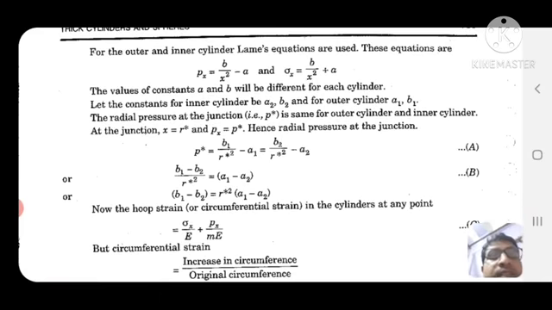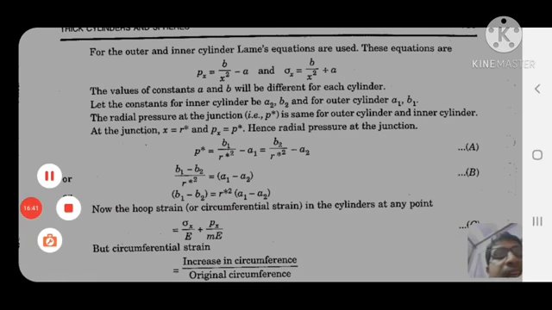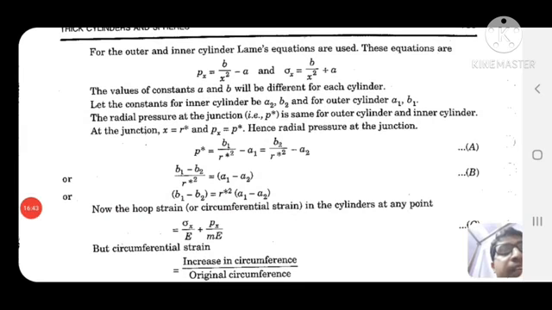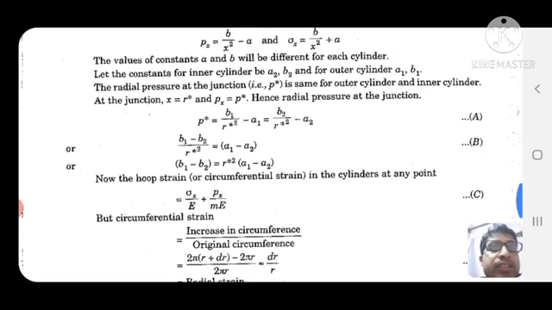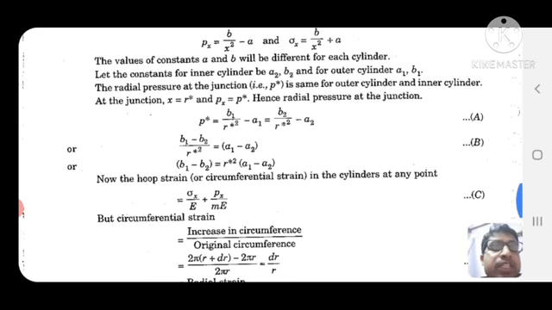Now, for the outer and inner cylinder, Lame's equations are used. These equations are P_x equal to B by x square minus A and sigma x equal to B by x square plus A. The values of the constants A and B will be different for each cylinder. Let the constants for inner cylinder be A2, B2 and for outer cylinder A1, B1.